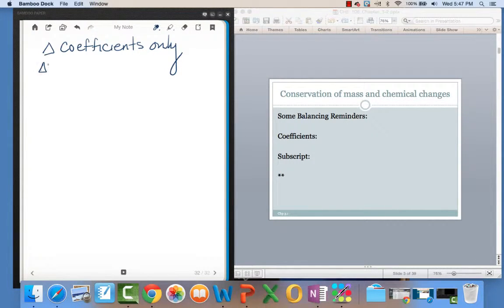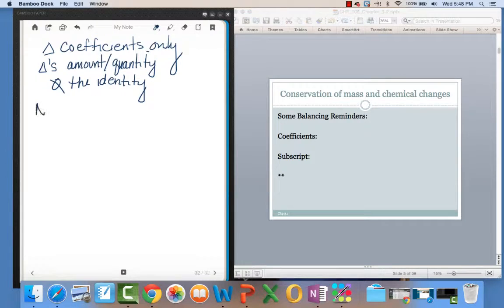When we change the coefficients, this changes the amount or quantity, not the identity. So when we balance equations, we change coefficients only, and that's why.